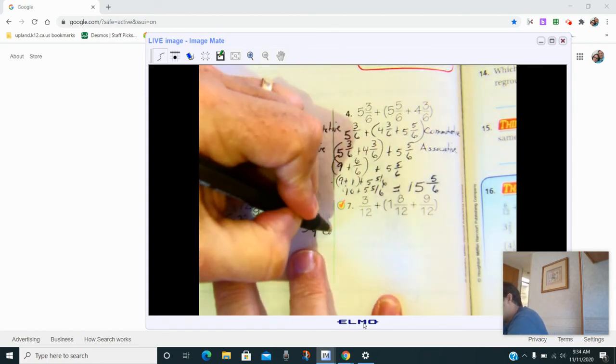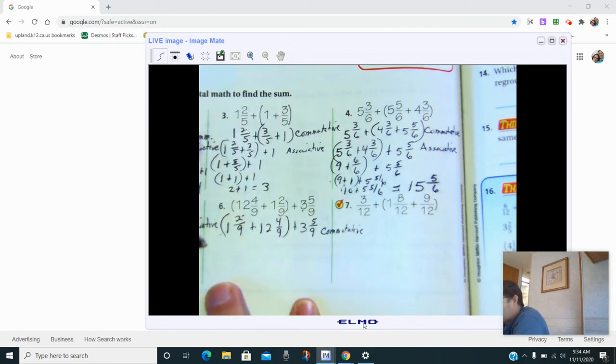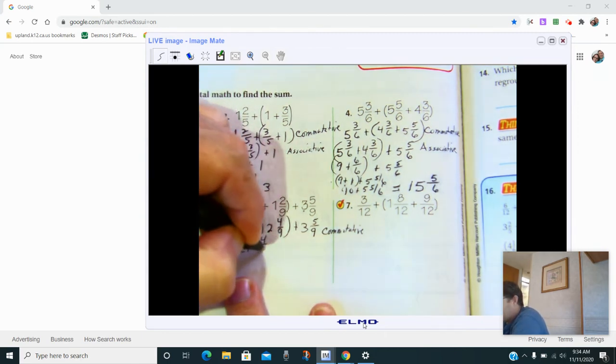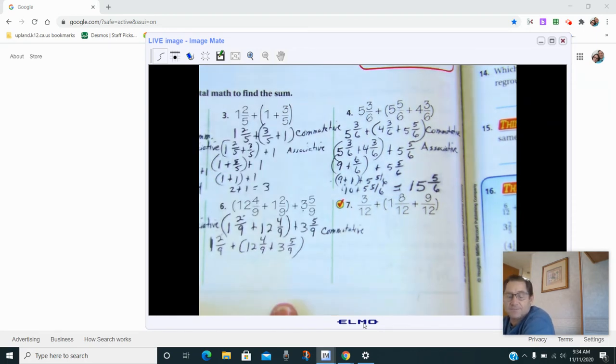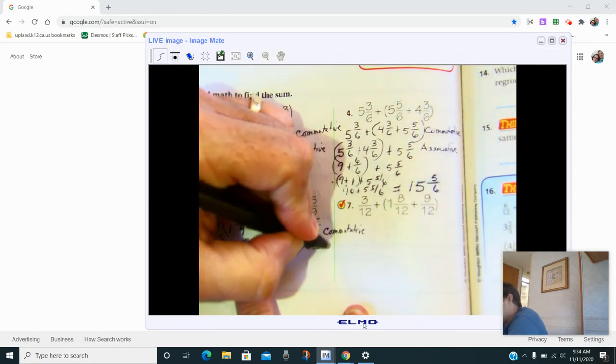So right now we've just used the commutative property to switch the order. We now want to change how they're grouped. I want 12 and 4/9 grouped with 3 and 5/9. And that's the associative property.